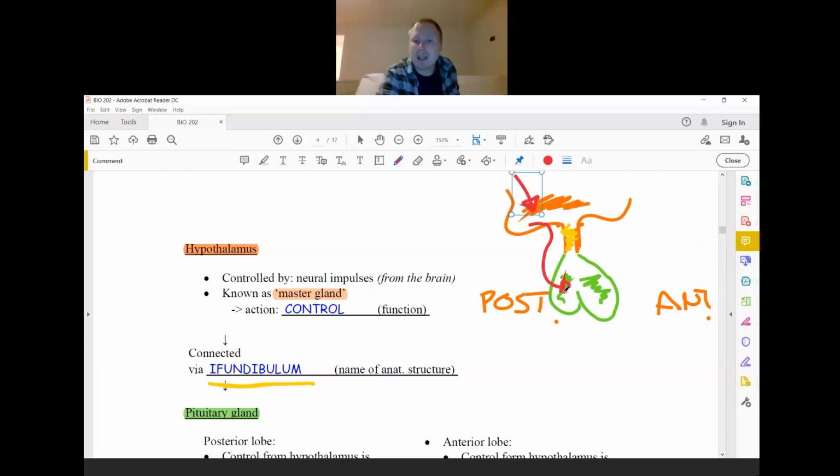And if we have further hormones that get released from the anterior, it then travels from the posterior to the anterior lobe of the pituitary gland. So there's almost this defined order of how the messages travel at large.